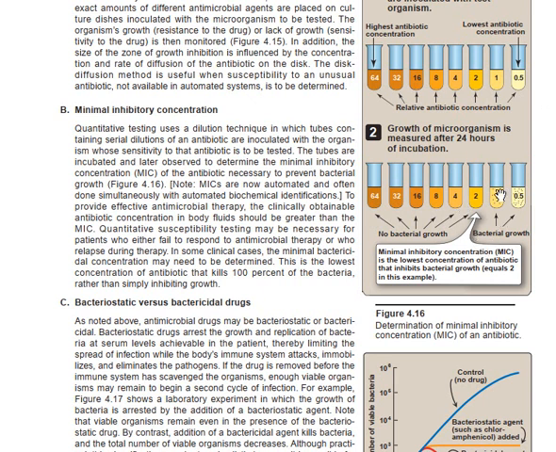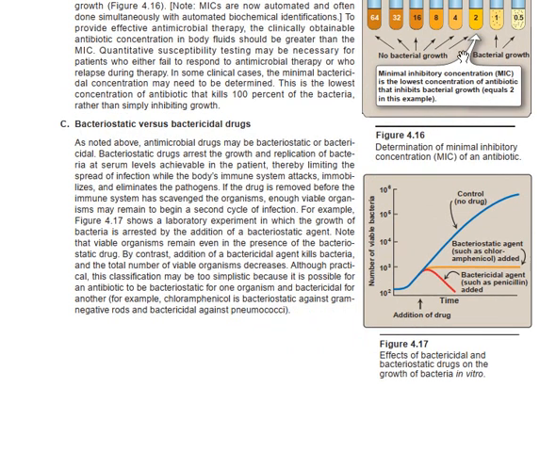Is it clear? And it means that if you use just 1 and 0.5, those are below the minimal inhibitory. This 2 here is called the minimal inhibitory concentration. It's the lowest concentration of antibiotic that is required in order to inhibit the bacterial growth. Is it clear? And that's the concentration that you have to use in the human body.